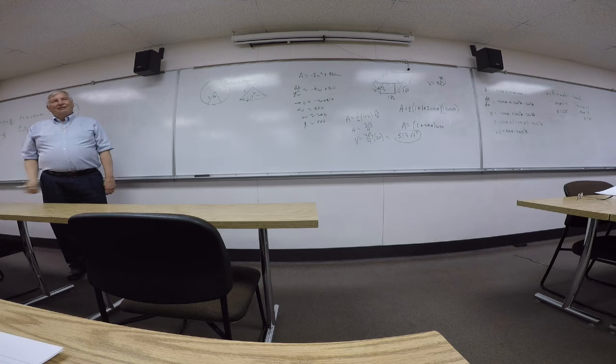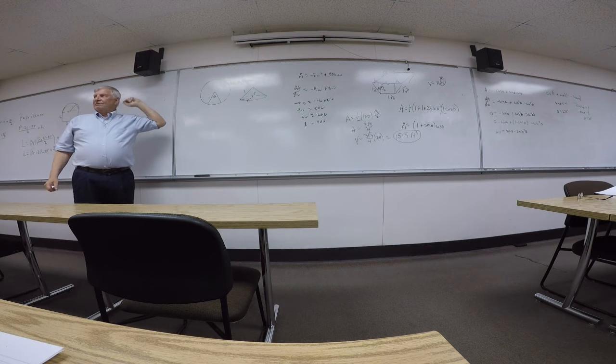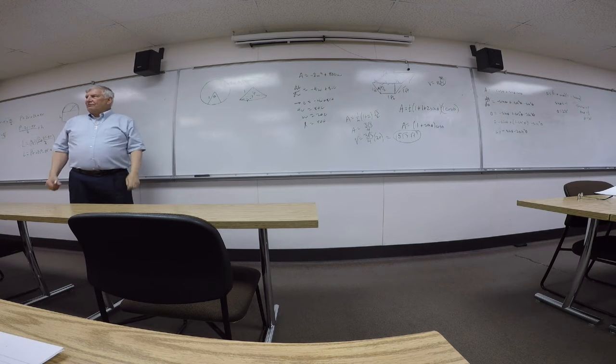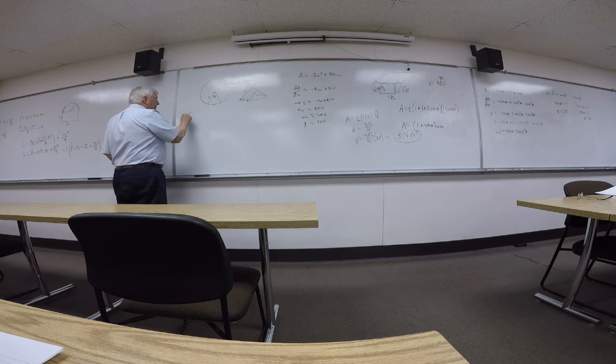Well, the radius is interesting enough. What is the circumference of the original circle, with a radius of 1? The circumference is 2 pi r. So the original circumference, 2 pi r.